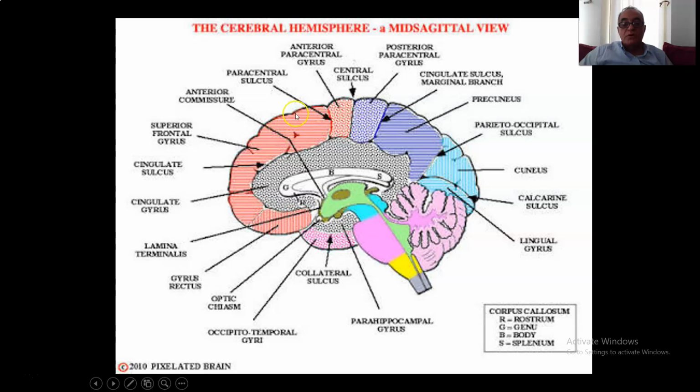And on the medial surface, you get the continuation of the superior frontal gyrus. Also on the medial surface, you can find the cingulate gyrus above the corpus callosum, forming the isthmus and continuing as the parahippocampal gyrus and anteriorly into the entorhinal gyrus.